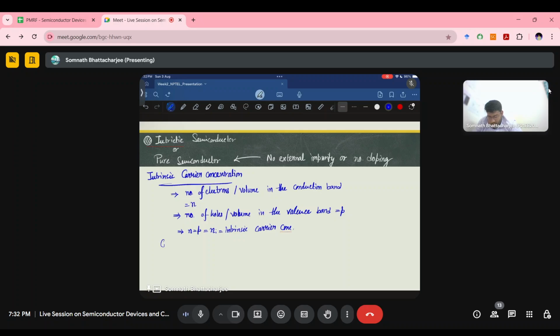And for crystalline silicon, the value of ni is 10 to the power 10 per cc at 300 Kelvin. The Kelvin value is very much necessary, because depending on this temperature, the value of the intrinsic carrier concentration changes.